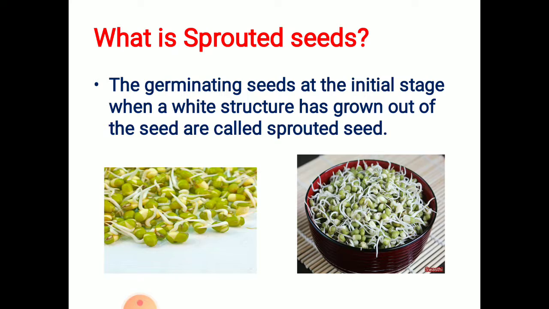Now dear students, if you want to eat sprouted seeds, what you have to do is ask your mother to take some moong or beans or peas, any pulses, soak them in water, keep them in a cloth, tie up that cloth and keep it as it is for 1 or 2 days.